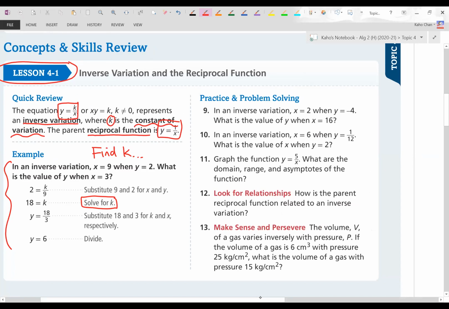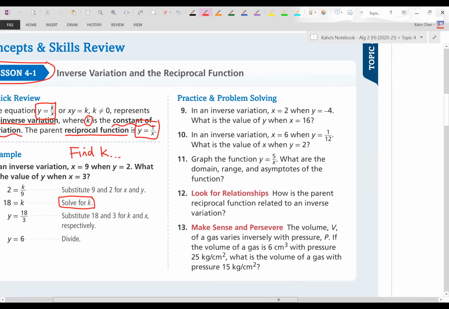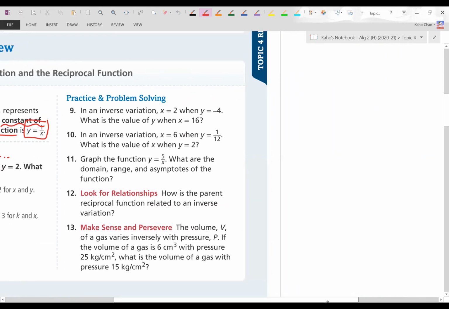I'm actually going to do number 9 and 10 here for you off to the right. Number 9, in an inverse variation, awesome. I'll set that up. x equals 2 when y equals -4. Stop.